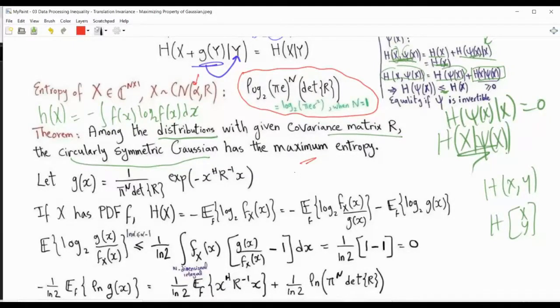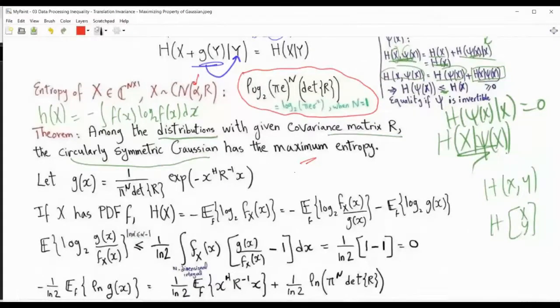Okay, so now let's go again to this very fundamental result for our purposes, which is this business of fixing a covariance matrix and saying which among the distributions give us the maximum entropy. You can solve this problem using calculus of variations.